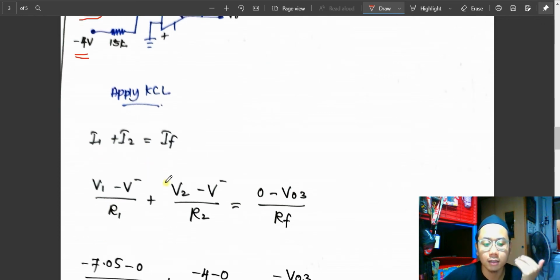Using this formula, just like the amplifier 1, the summing inverting op amp: (V1 minus V minus) over R1 plus (V2, the second input, minus V minus) over R2 is equal to (0 minus V out 3) over RF. So this V out 3 is the value we need to find.